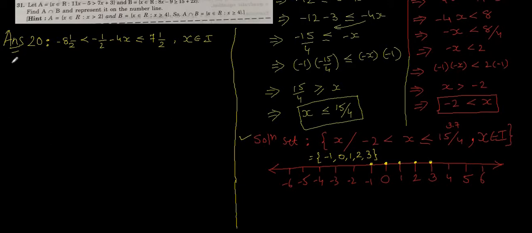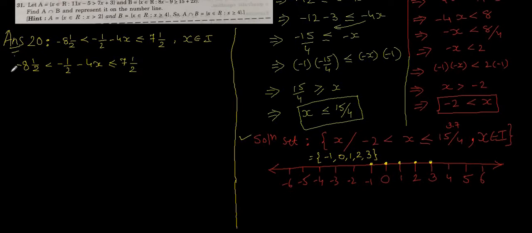So here first of all, if you see, minus 8 1 upon 2 less than minus 1 upon 2 minus 4x less than or equal to 7 integer 1 upon 2.